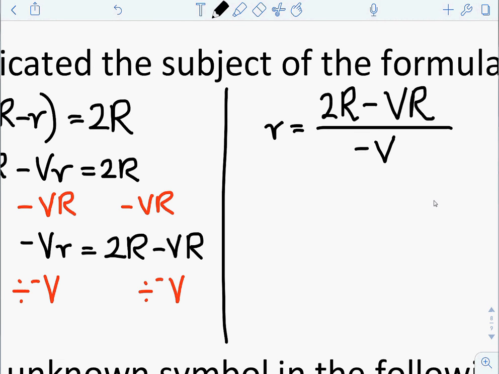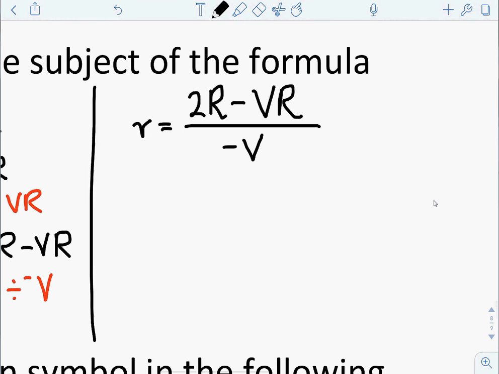I could box that and leave it, however, at this level of maths, you should be aware that having a negative on the denominator of a fraction is not mathematically nice. It's not neat. So what we can do instead is move that negative to the top and multiply everything inside by it.